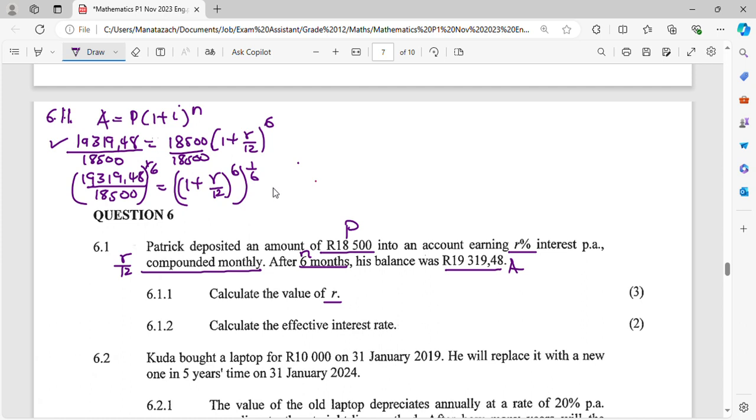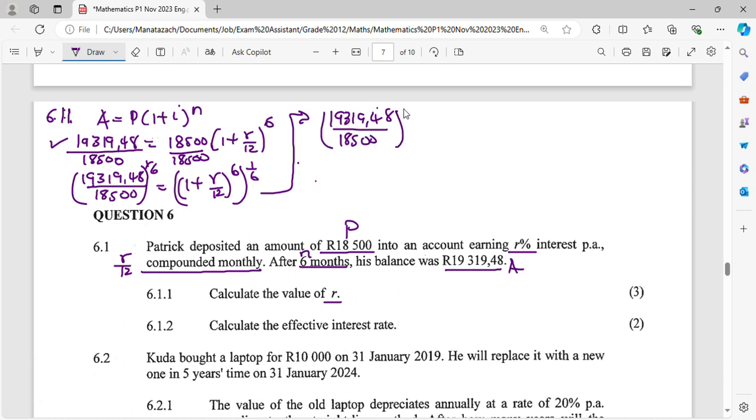Let me continue from there. I will not use a calculator yet. Let's just continue one more step, and then we'll use a calculator so that you don't lose track of our numbers by using it so early.